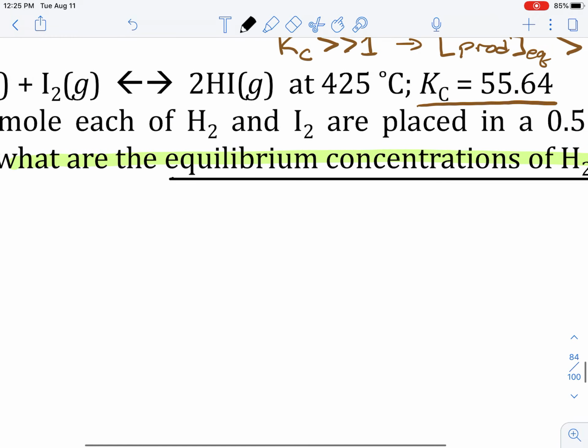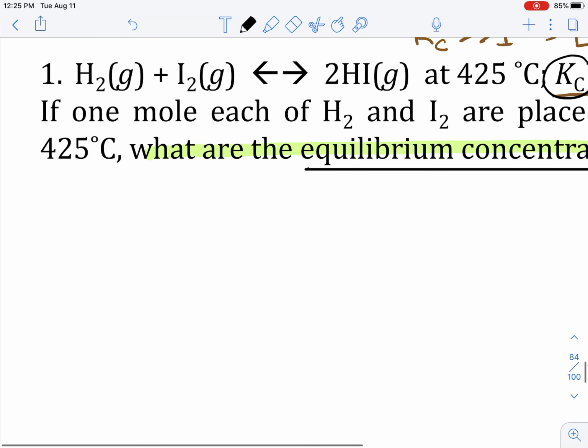And so since Kc is given, I'm going to go ahead and write everything in terms of concentration. So Kc is equal to the equilibrium concentration of hydrogen iodide. And since there's a coefficient of 2, I need to raise this to the power of 2.